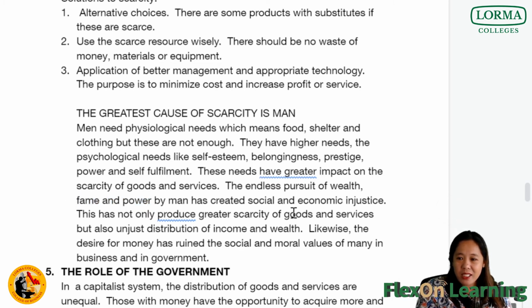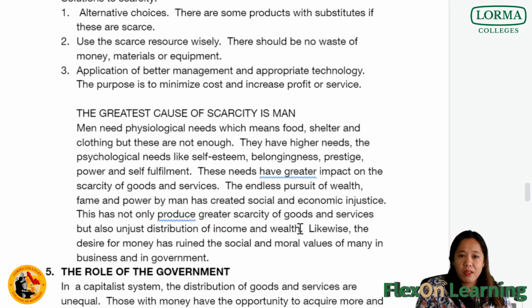Okay, and aside from that, man has created social and economic injustice. Because of that pursuit of wealth, this is going to happen. Social and economic injustice has not only produced greater scarcity of goods and services, but also unjust distribution of income and wealth.